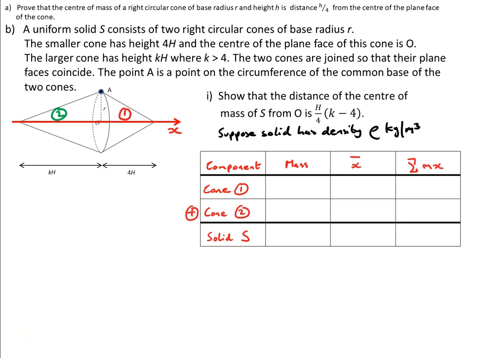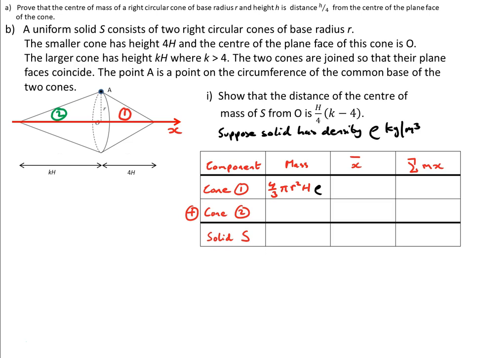The first cone has radius r and height 4h, so its volume is 1/3 times pi r squared times 4h, so that's 4/3 pi r squared h, so its mass is its volume times the density, so that's going to be 4/3 pi r squared h times rho.